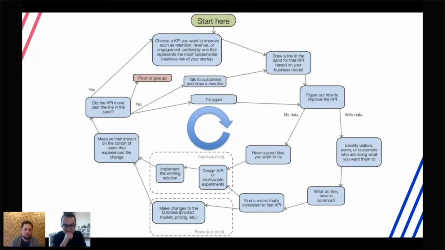However, keep in mind that if your business cycle takes a year, you most likely won't see results in two weeks or two months. So sometimes you just have to be brave and make the changes to the business.